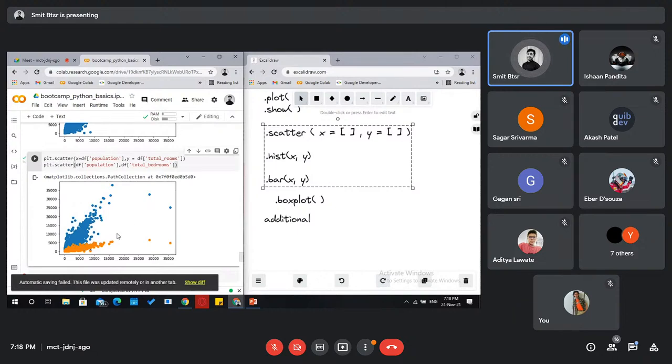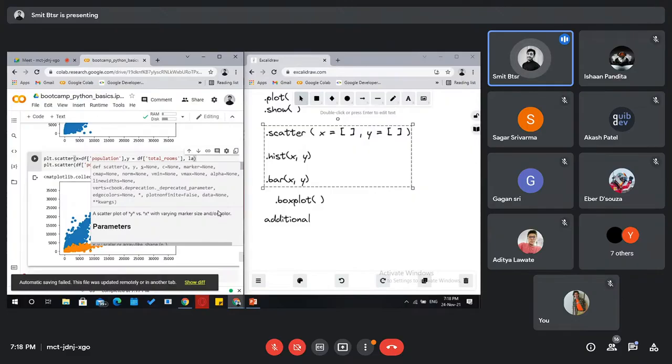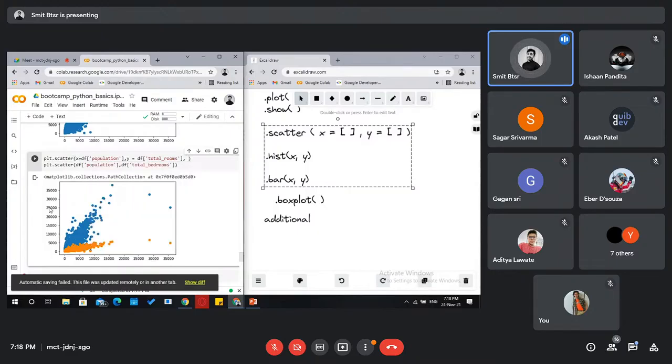But now we don't know which one is which, right? So what we can do is add a legend, or we can specify a label as well. Like we mentioned xlabel and ylabel before, if we specify just label, which we can do here, then instead of labeling the X and Y axes, we label the blue plot and this orange plot.